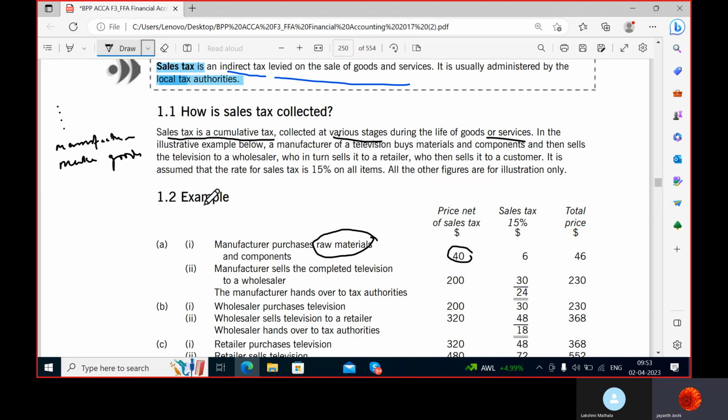Sales tax applicable on this is 15%. So 40 into 15% is $6. Ultimately this manufacturer has to pay a total price of $46 to the supplier.